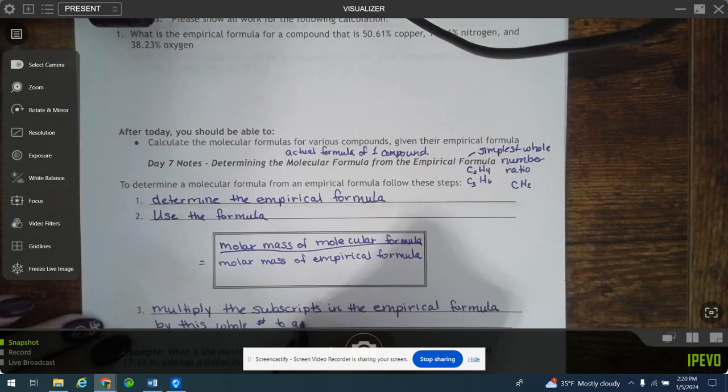And that's going to give you the molecular formula.